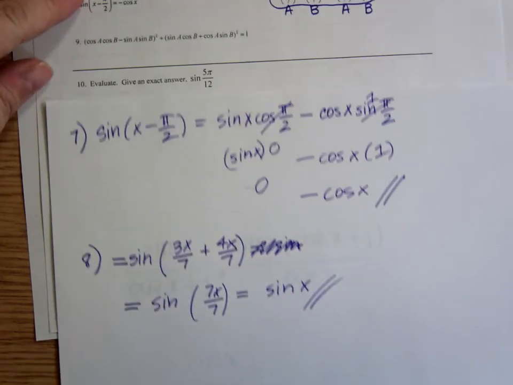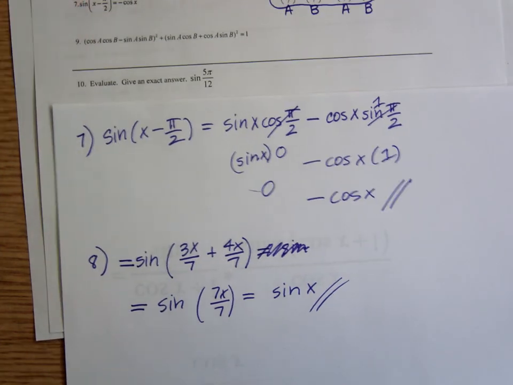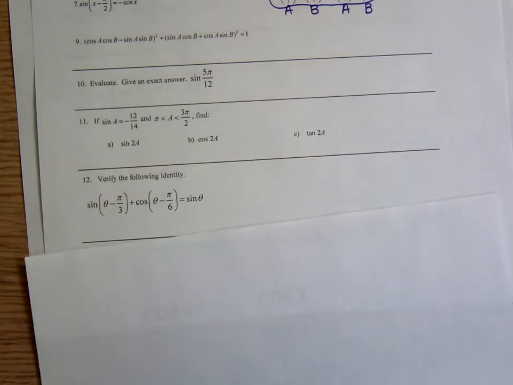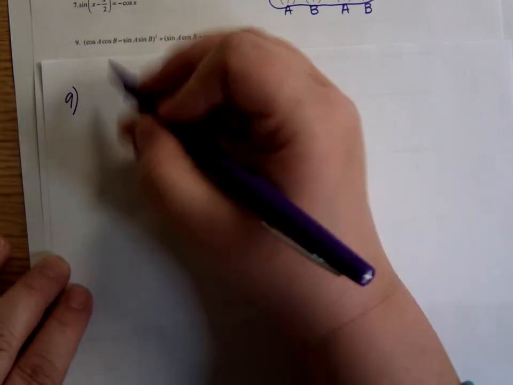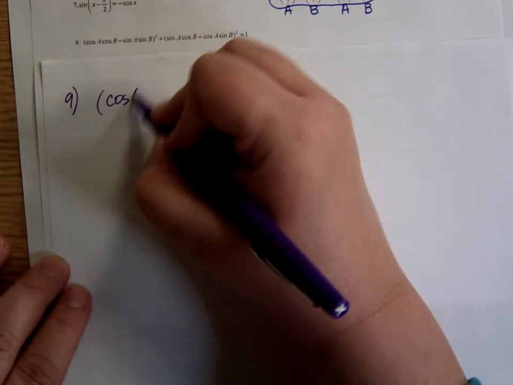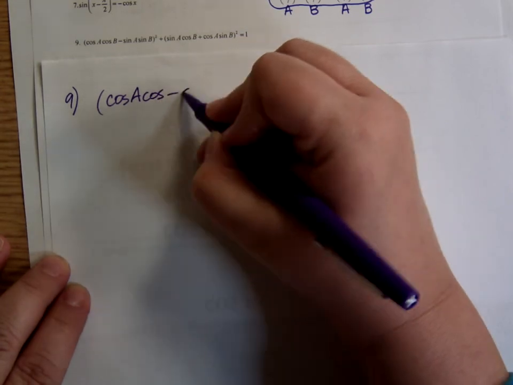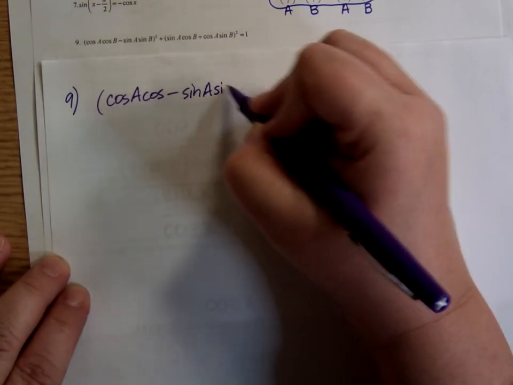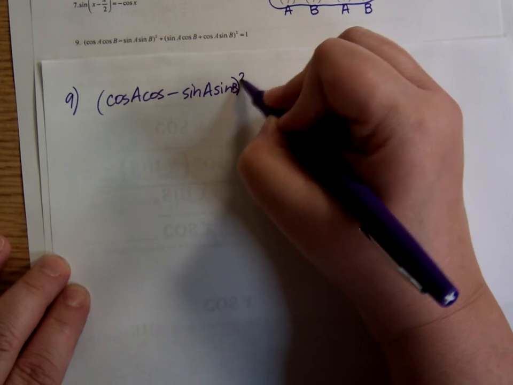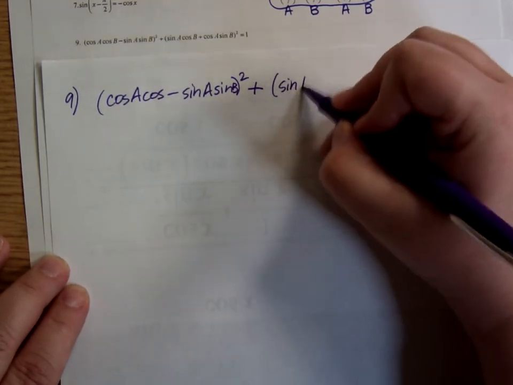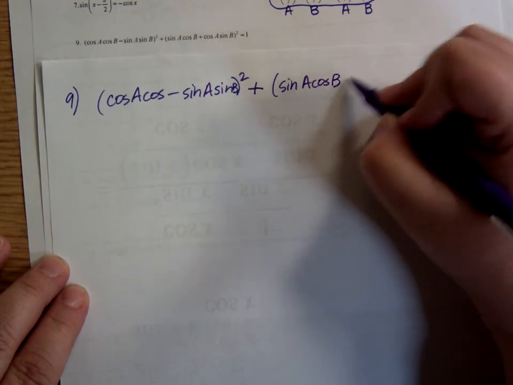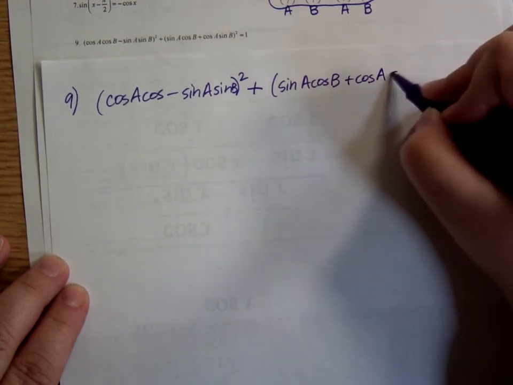Next, number 9. Okay, certainly know which side's more complicated looking on this one. Number 9 is, we've got cosine A, cosine B, minus sine A, sine B, and then all of that is squared, plus sine A, cosine B, plus cosine A, sine B, and again, all of that is squared.